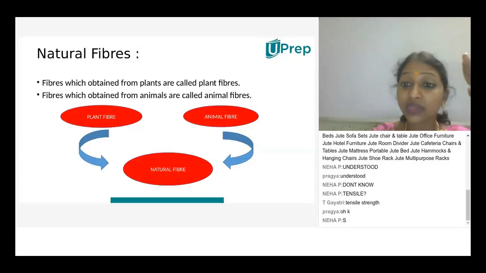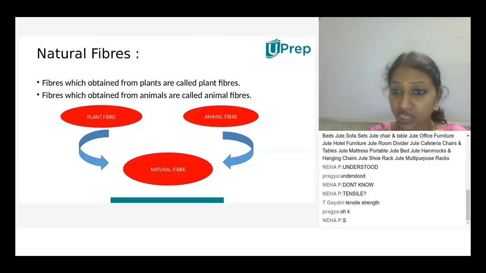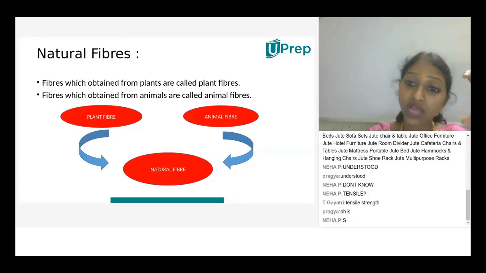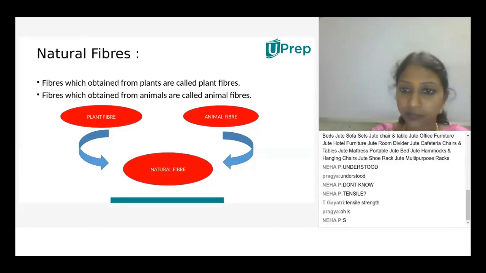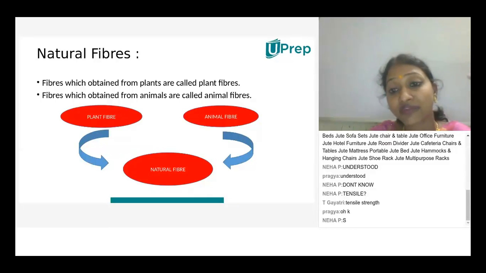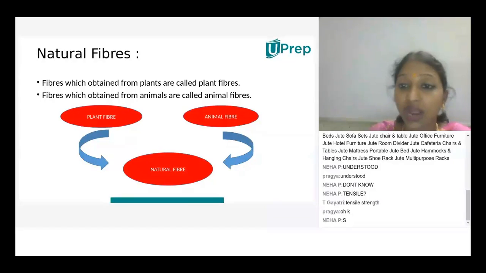Synthetic fibers are much more advanced than natural fibers, but the quality of natural fibers is like that: natural is always natural. But when we compare economically, natural fibers are very costly. The price is too high. So for a common man, in most cases, he couldn't go with natural fiber.